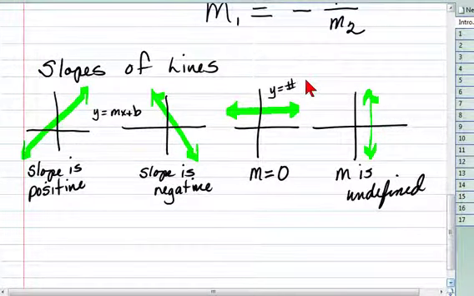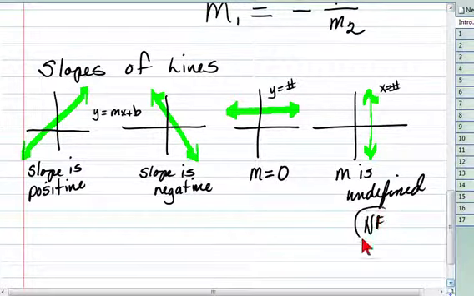And the vertical will always be written as x equals some number. And of all of these, one of them is not a function. Which one? You bet. This is the only one that's not a function. It would fail the vertical line test because it is a vertical line.